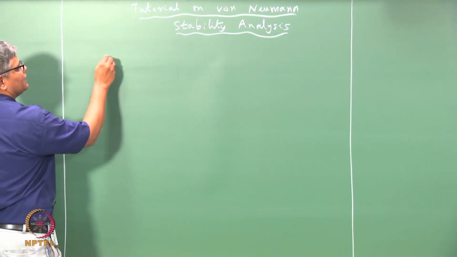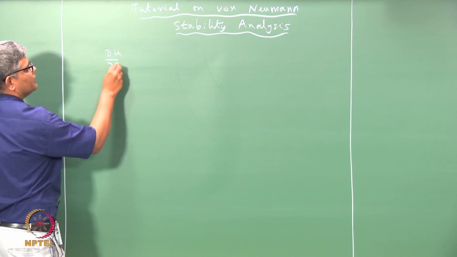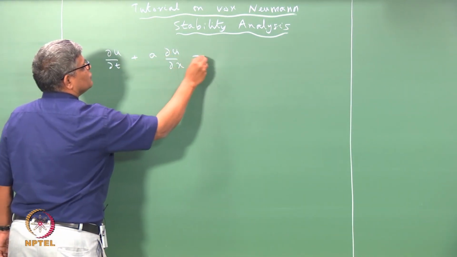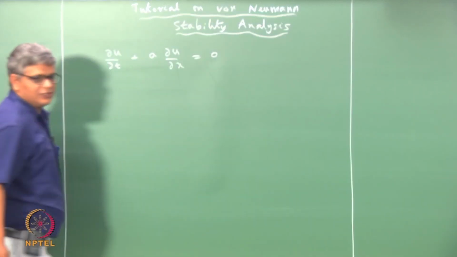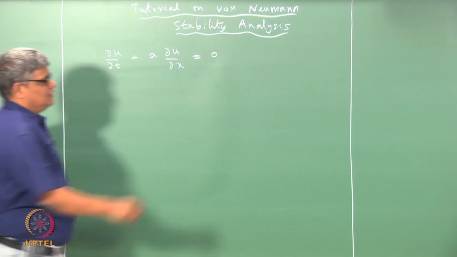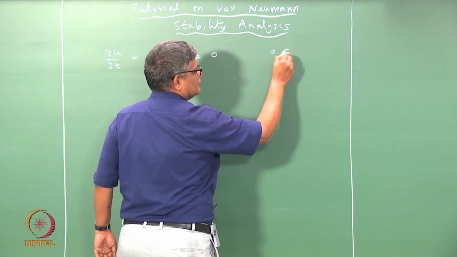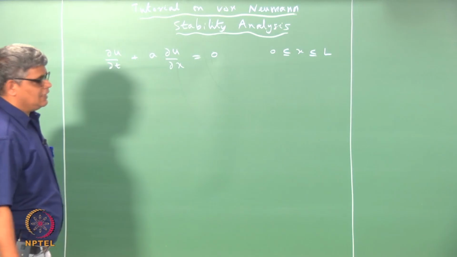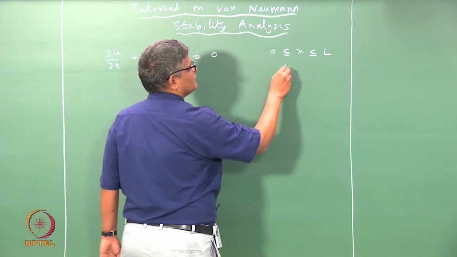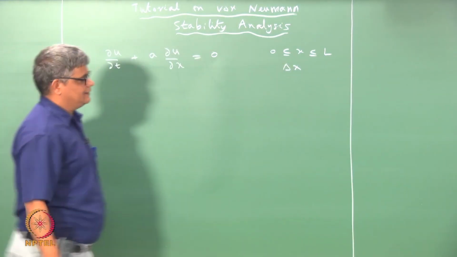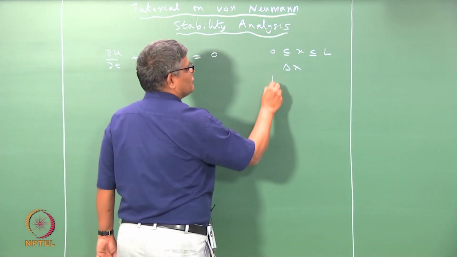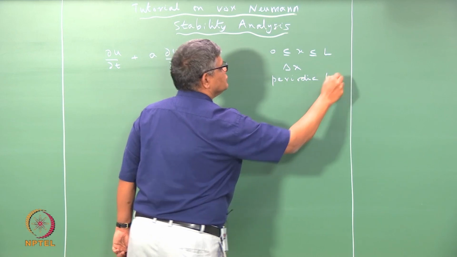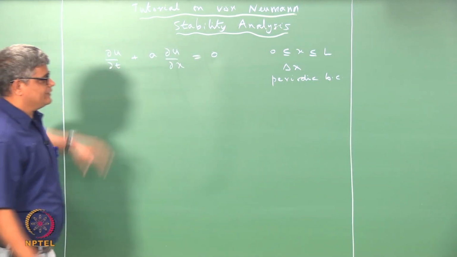The equation that we take is dou u by dou t plus a dou u by dou x equal to 0. This is on a domain 0 less than x less than capital L, and with uniform grid spacing of delta x with periodic boundary conditions, and a is constant.